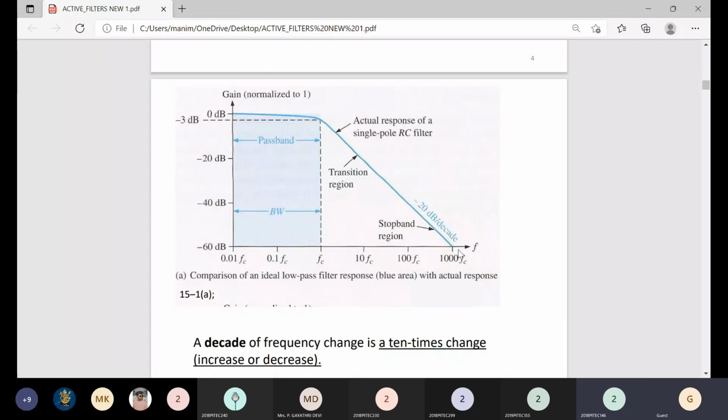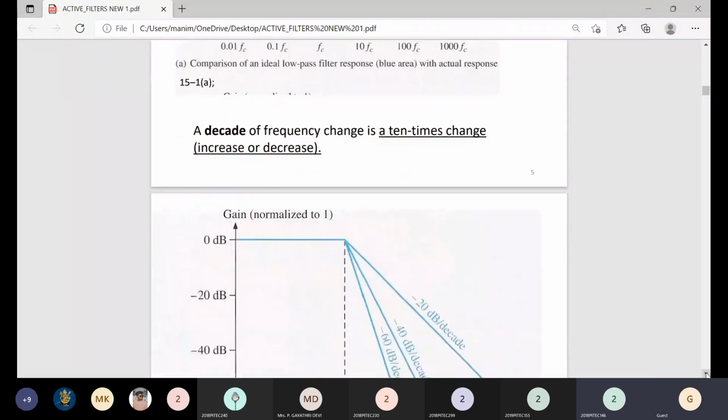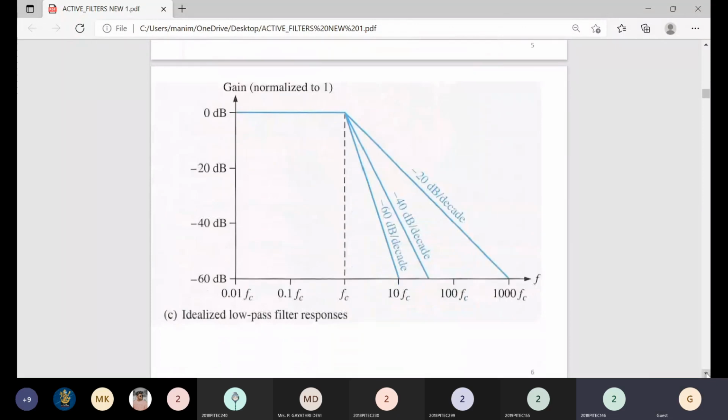Each time you increase the frequency by 10 times: if the minimum frequency is approximately 0.01 FC, 10 times that is 0.1 FC, then FC, then 10 FC, then 100 FC. This is the low pass filter frequency response, which allows only low frequency signals and attenuates high frequency signals. This is for the ideal low pass filter.